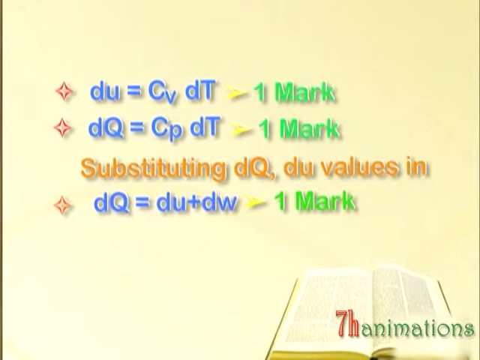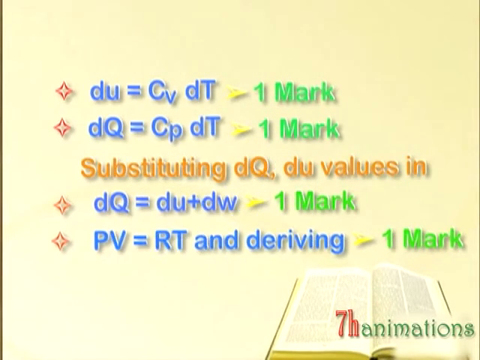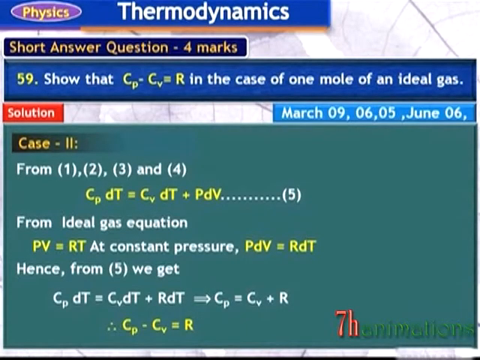Finally, taking the ideal gas equation PV equals RT, deriving P dV equals R dT from it, substituting the values of dQ, dU and dW in the first law of thermodynamics and deducing Cp minus Cv equals R, that gives 1 mark. This is the derivation of Cp minus Cv equals R.